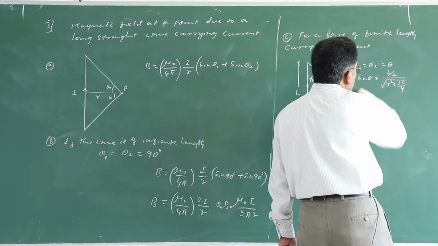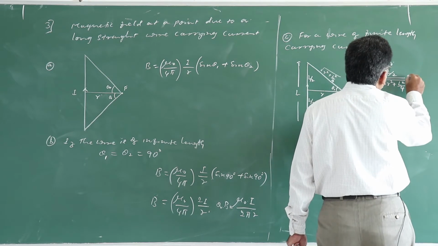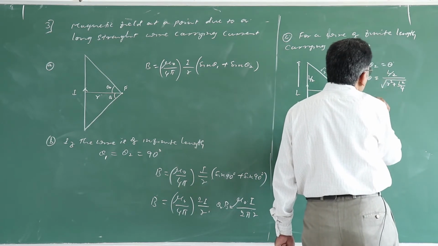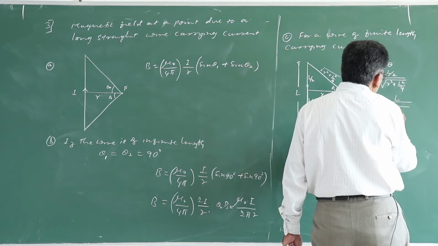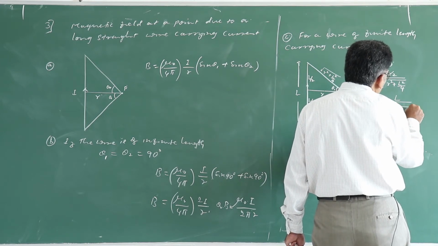Simplifying, sin theta is equal to L divided by root of 4r square plus L square.